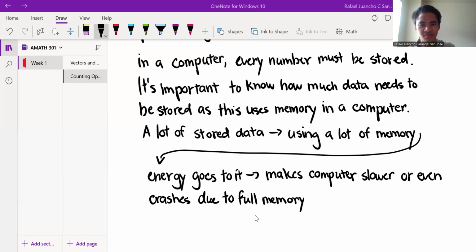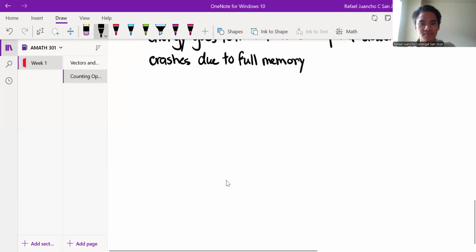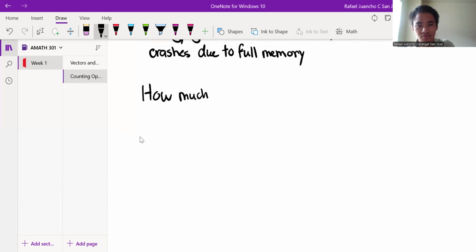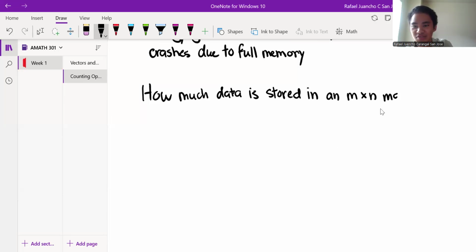So let's give an example. So let's ask, how much data is stored in an m by n matrix?